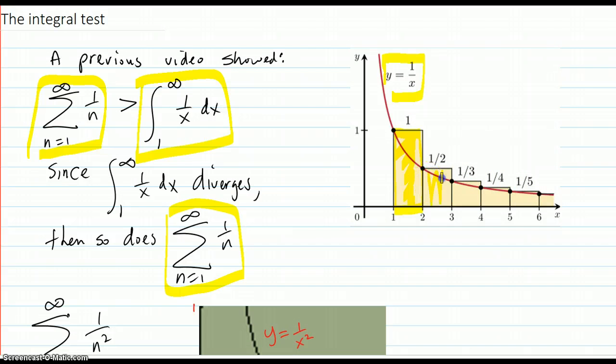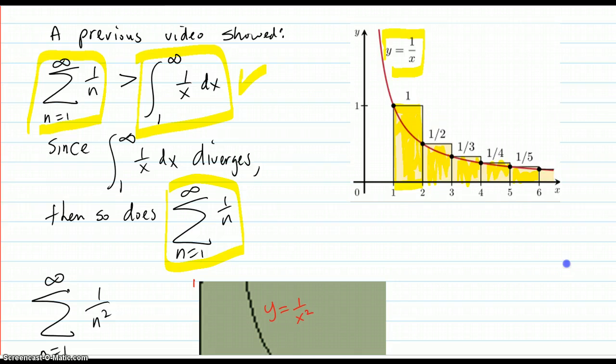If you added those areas up, that would be the same as adding up the sequence terms to get the series. Since the sum of those rectangle areas is greater than the area under the curve, and the area under the curve was this integral and it diverged, that means that our series diverged.